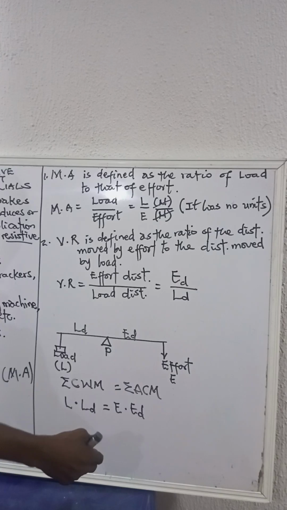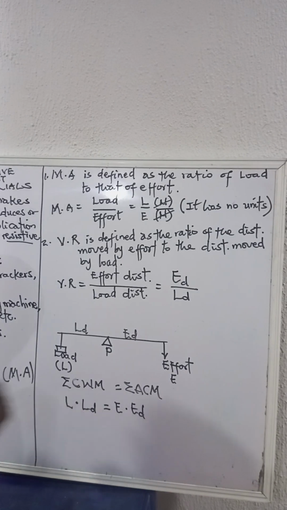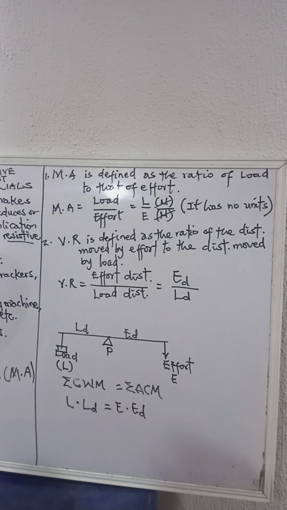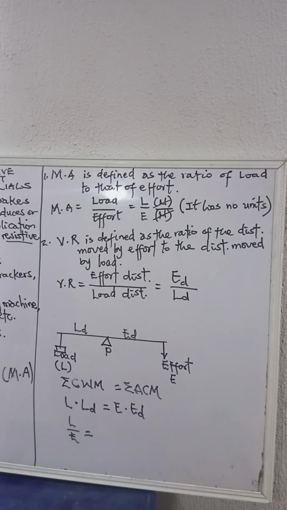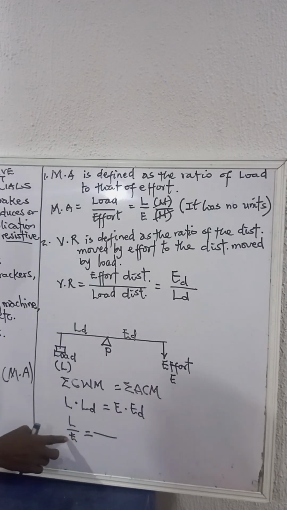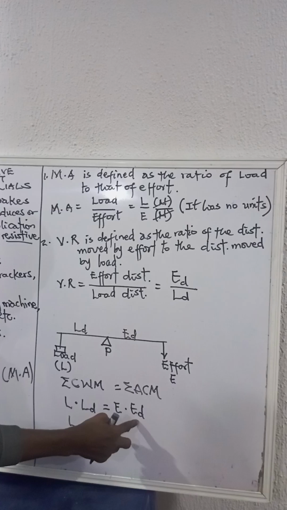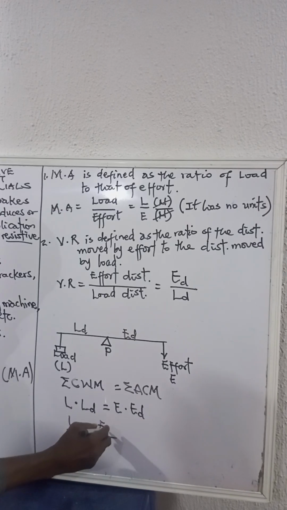So now going by this, let us write the relation for mechanical advantage, which is load over effort. Now just draw this line. Which one forms a partner with the effort? The one which forms partner with the effort is effort distance.